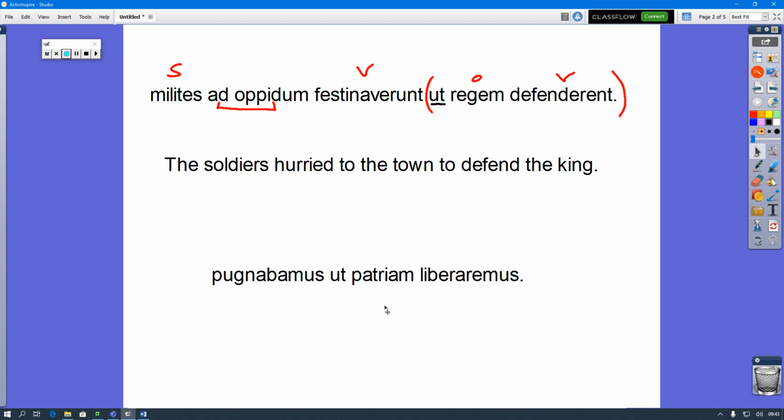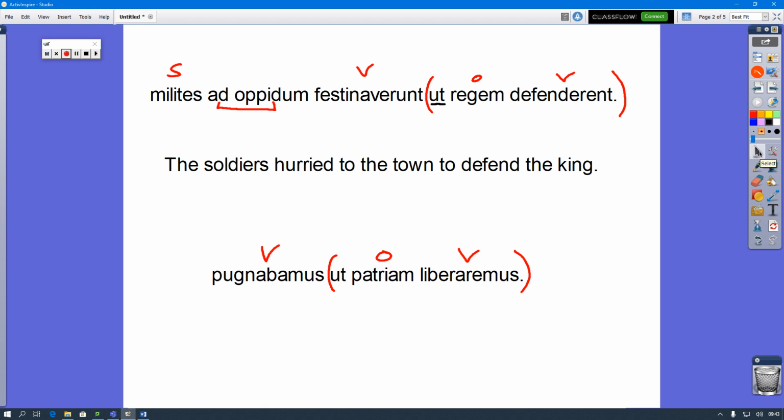If we look at the second sentence, let's do the same thing. As soon as I see the ut, let's draw a bracket in there, and we'll go to the verb at the end of the clause. That means I'm left with my main verb, pugnabamus. I've got an object, and I've got a verb, liberaremus.